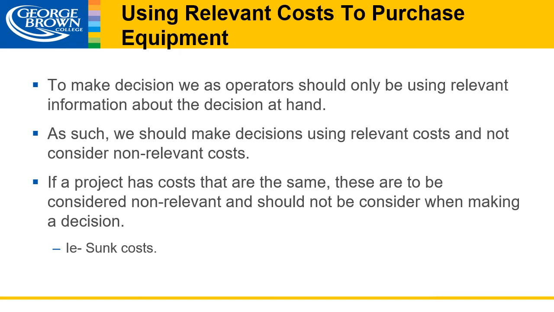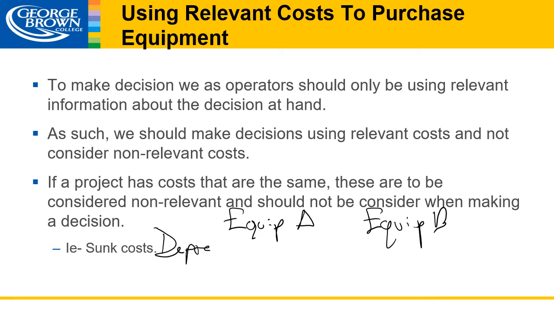For example, if we have equipment A and we've got equipment B. Okay, an example of a relevant cost, let's say here, we've got depreciation, and we've got the initial cost.